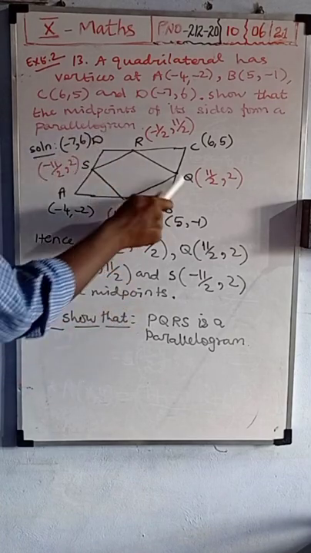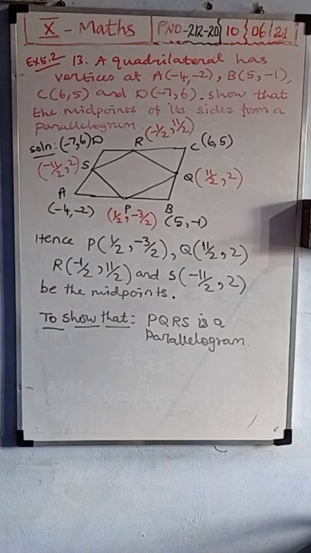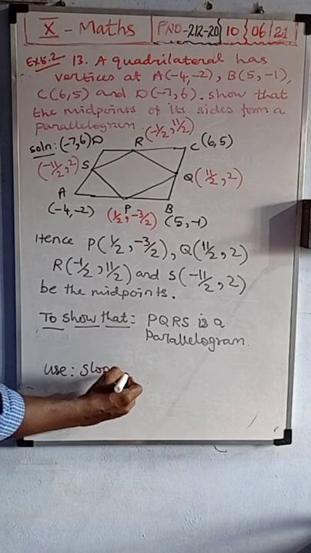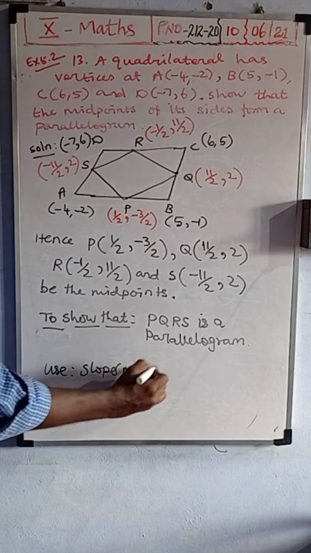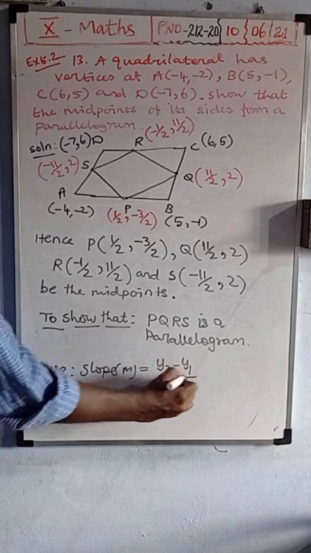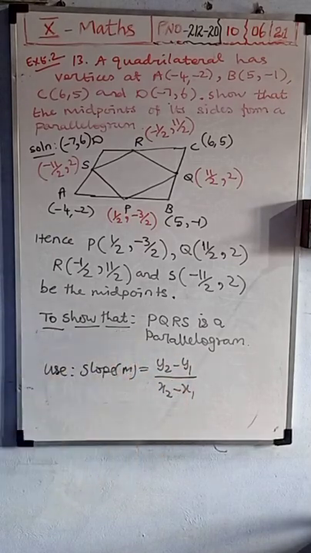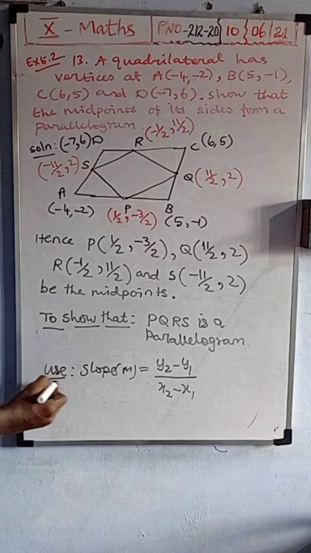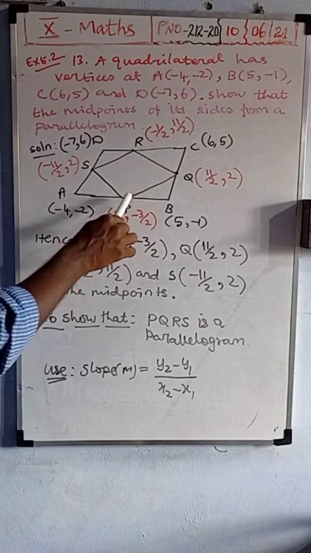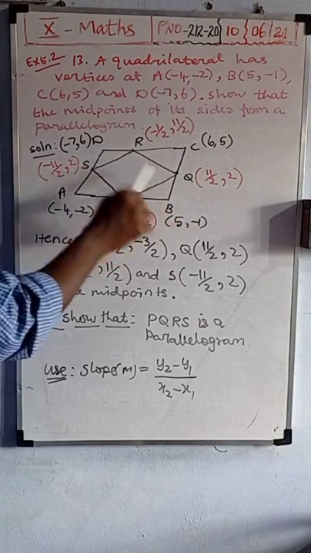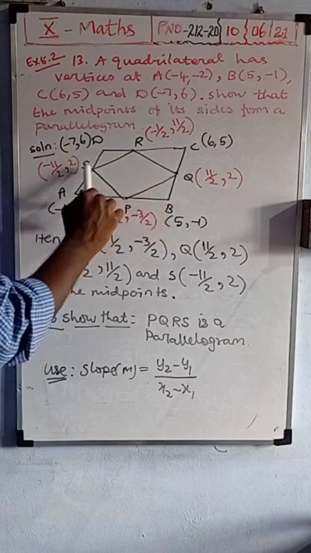That means here we want to use the slope formula. Slope m is equal to y2 minus y1 by x2 minus x1. Using the concept of slope, we will show PQRS is a parallelogram. Now first, slope of PQ and slope of RS we want to find.